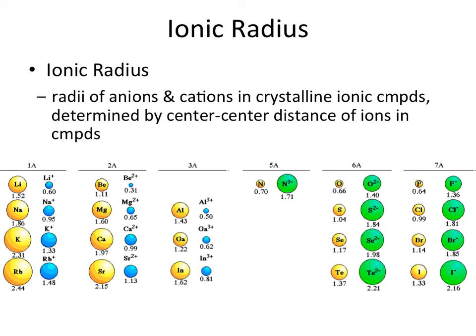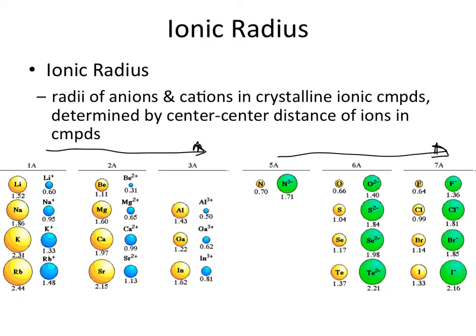So if we look at the trends that we see, the ions follow the same trend as the atomic radii. From left to right, we do see a slight decrease, at least we do for the first row and second row elements.